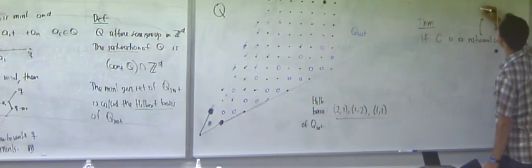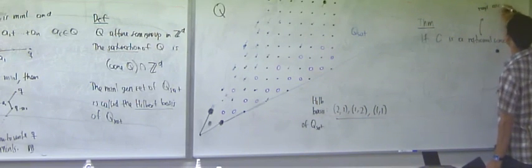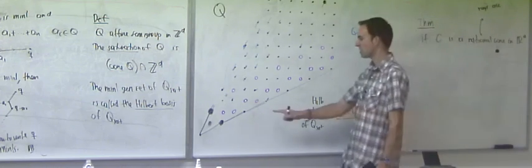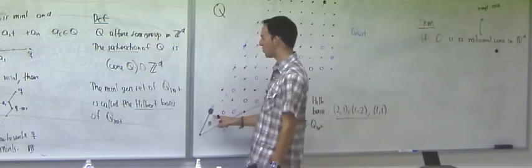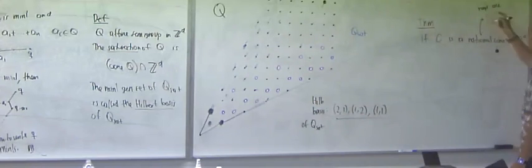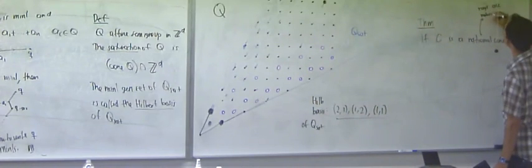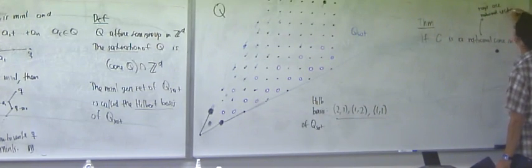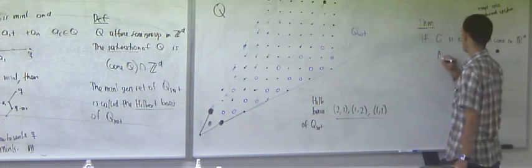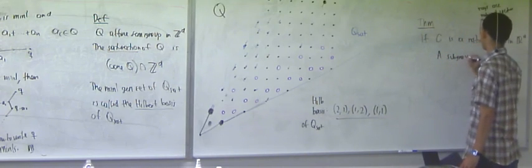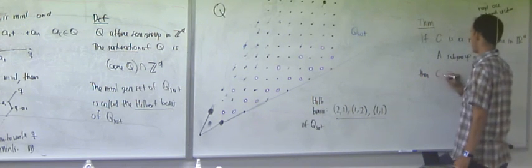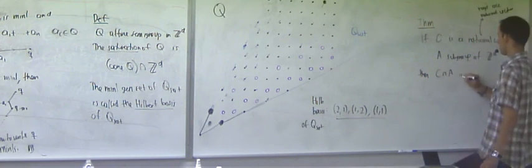So the rays, actually you can choose them to be integer vectors because the ray is basically any vector in this direction. So if this is 2/3, 1/3, multiplied by 3, you get 2, 1. It doesn't really matter. So the rays are rational vectors. So C is a rational cone in R^d, and A is a subgroup of Z^d, then C intersect A is an affine semigroup.